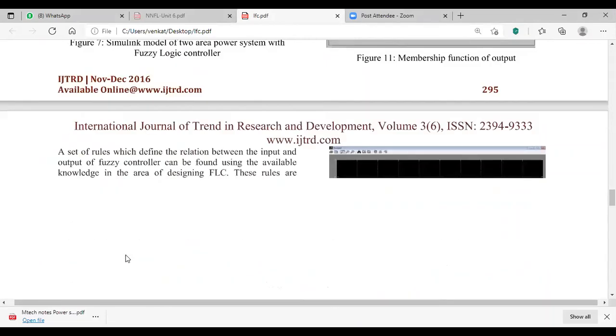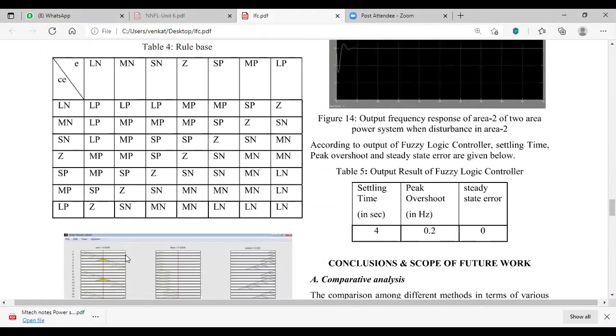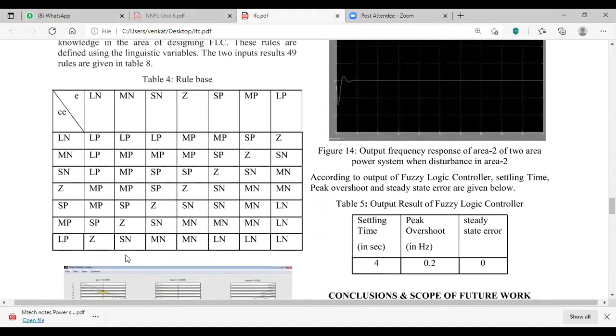For the fuzzy logic controller, you have to monitor the settling time, peak overshoot, and steady state error.